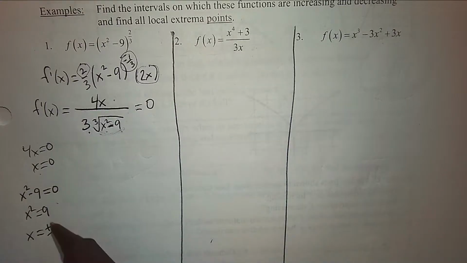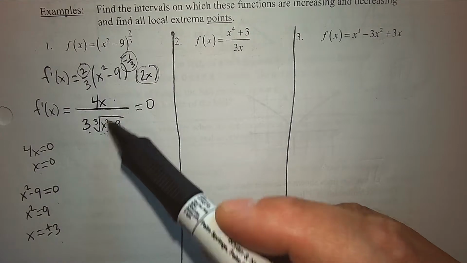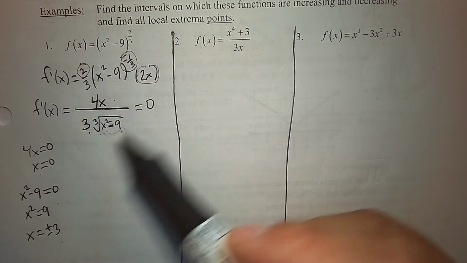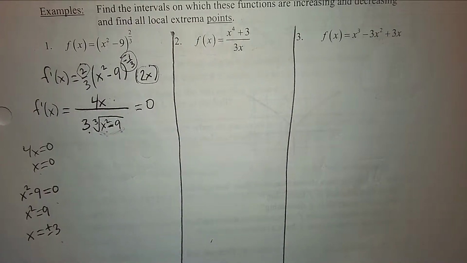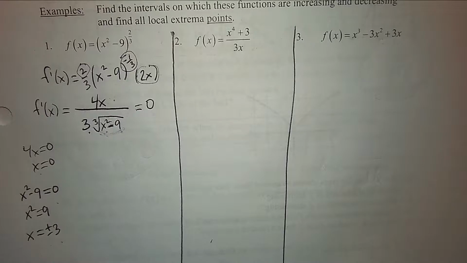When I plug in positive 3 for x, and we go 3 squared, take away 9, and do the arithmetic, it's undefined. Yes or no? Yes. When I plug in negative 3, and you go negative 3 squared and do the arithmetic, there's 0 in the denominator, makes it undefined. Do you believe those are your critical numbers? Yes. What makes it equal to 0 and what makes it undefined?